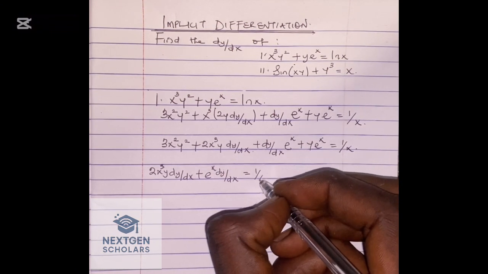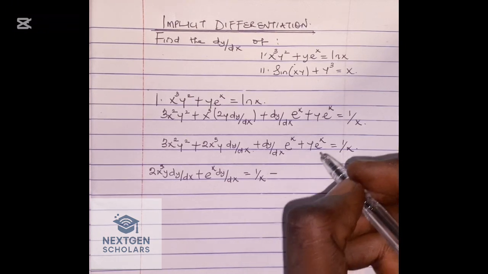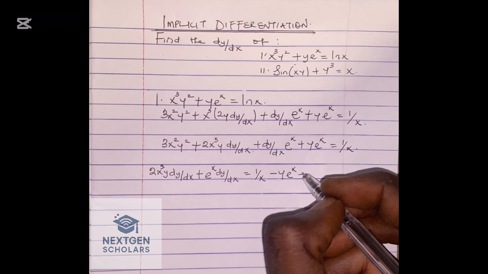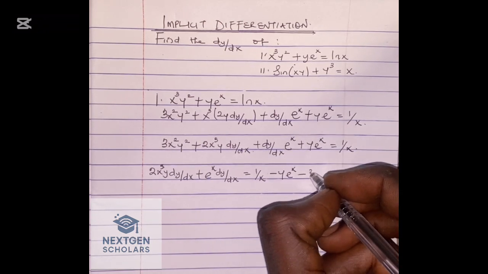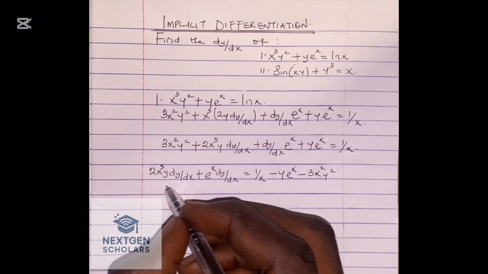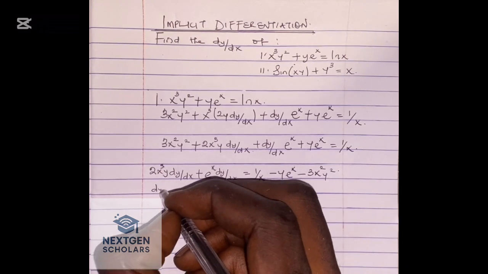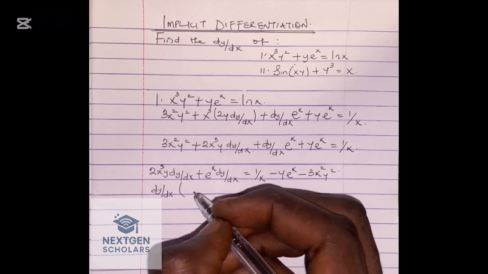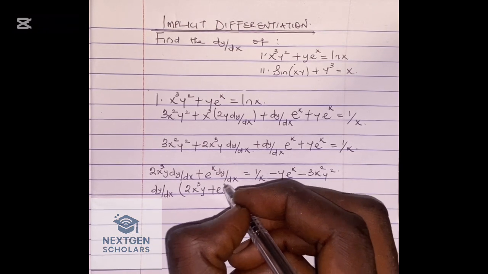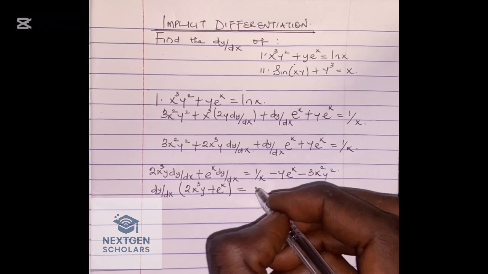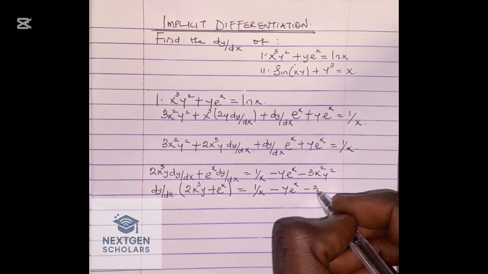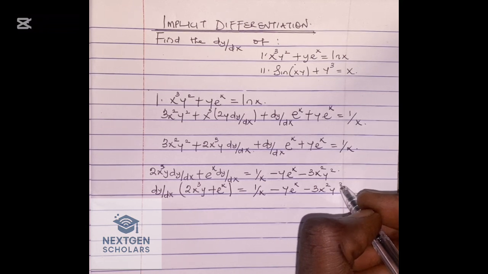So we have 1 over x minus whatever is left: y e to the x, and 3x squared y squared. So we factor out dy dx, and we get dy dx times 2x cubed y plus e to the x is equal to 1 over x minus y e to the x minus 3x squared y squared.